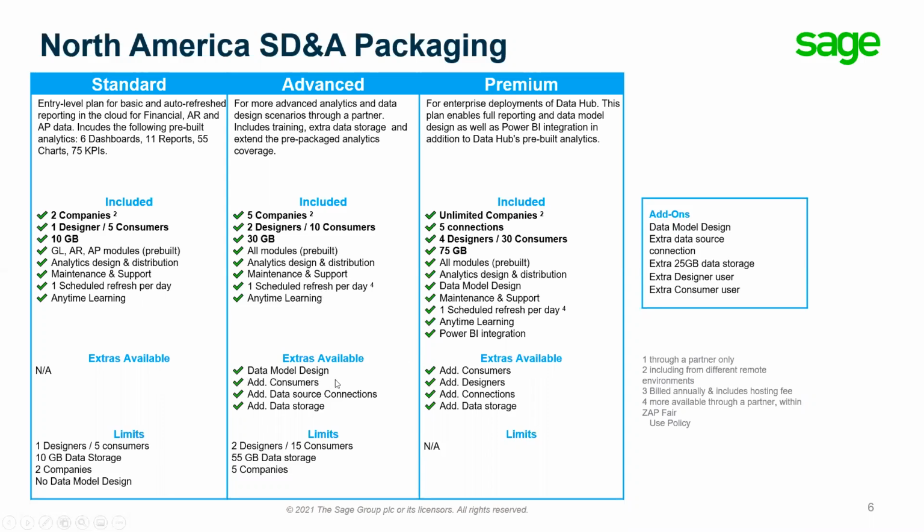The data model design basically relates back to if you need to manipulate the underlying data model, say connect to additional data or choose additional data from your Sage ERP that you want to include, then that would be something that would be licensed as an extra. However, if Acumen is doing that work for you, they actually have the rights to make those changes to the data model without you having to license that.